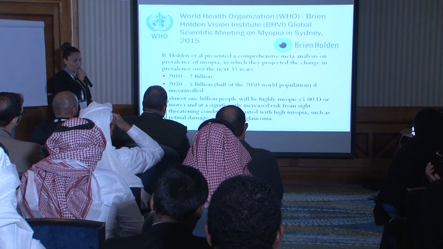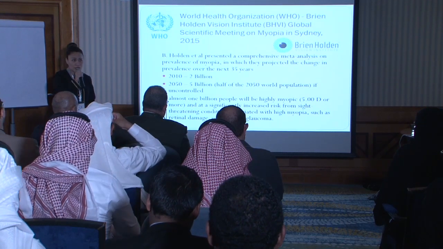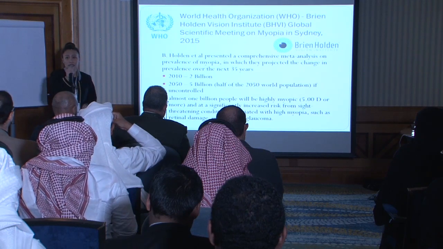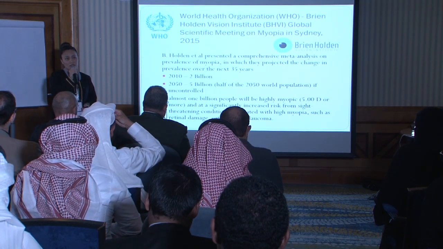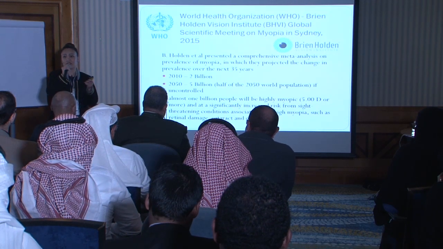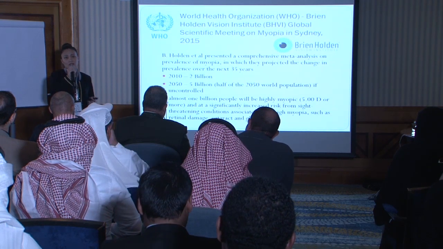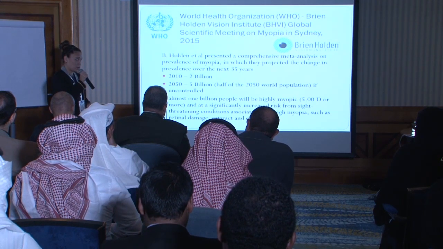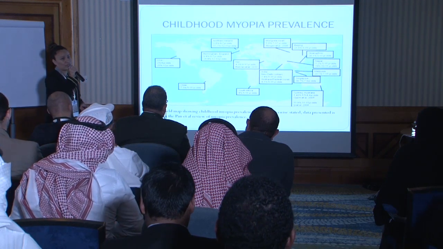So in 2050, half of the world population will be myopic. And then 20% of those will be at high risk of the complications of high myopia, which are macular degeneration, retinal detachment, posterior subcapsular cataracts, and glaucoma. That's why we're concerned.